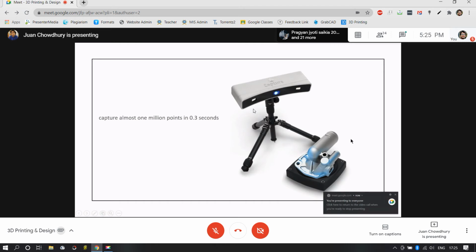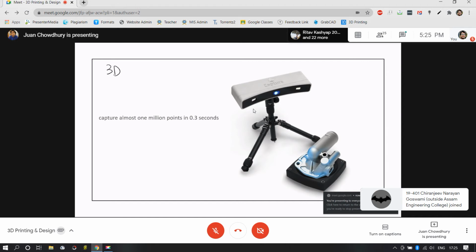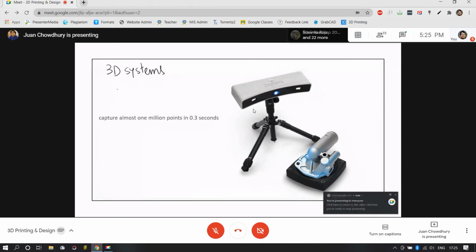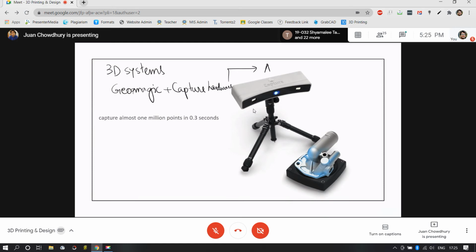Right, so this is 3D Systems, I forgot to include the name, Geomagic Capture hardware. This is available in AEC, the 3D printing, 3D scanning system.